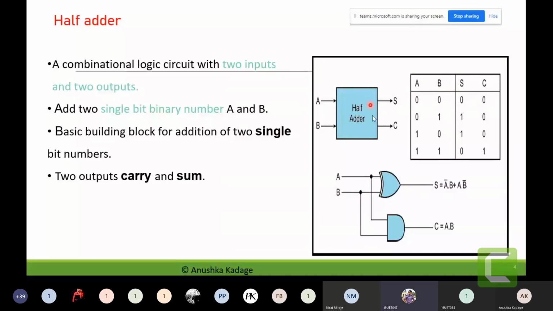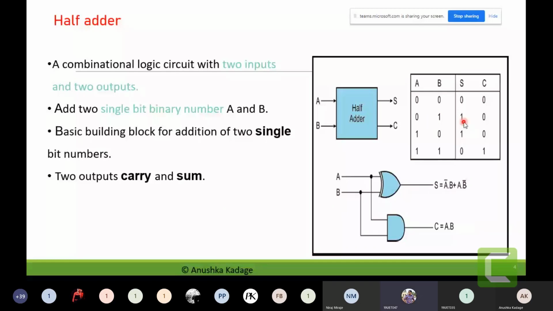Now, with respect to this input definition, we have to mention the sum and carry in the truth table. When 0 is added with 0, the result is a sum of 0 with a carry of 0. Similarly, if I take the input combination 0, 1 for A and B, it results in a sum of 1 and a carry of 0.